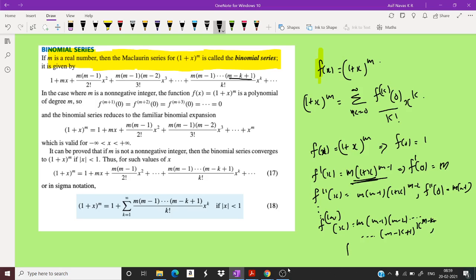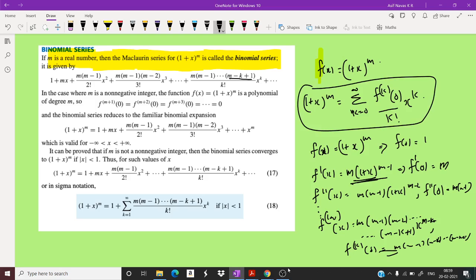So f kth derivative of 0 is m into (m minus 1) into (m minus 2) into etc. (m minus k plus 1). If we put in this equation, you will get the binomial series expansion, the Maclaurin series: 1 plus mx plus m(m minus 1) by 2 factorial x squared plus m(m minus 1)(m minus 2) by 3 factorial x cubed, etc.